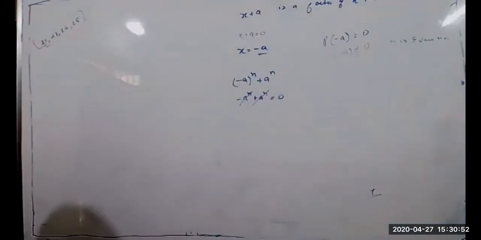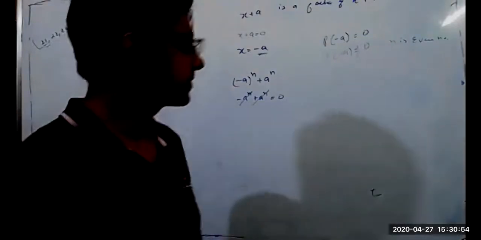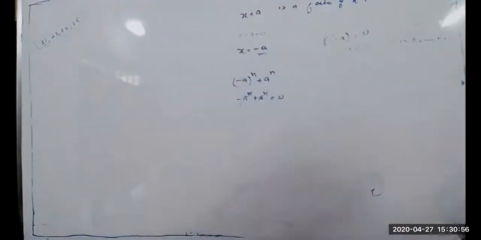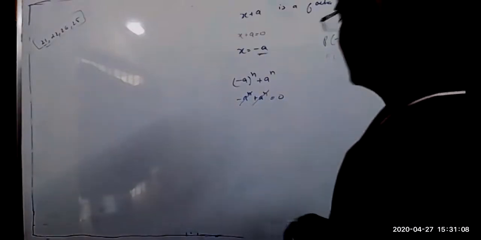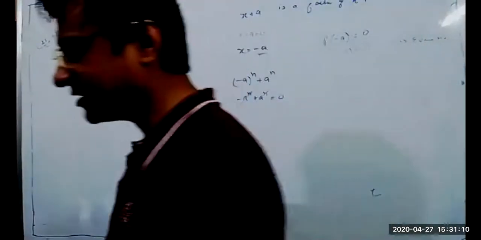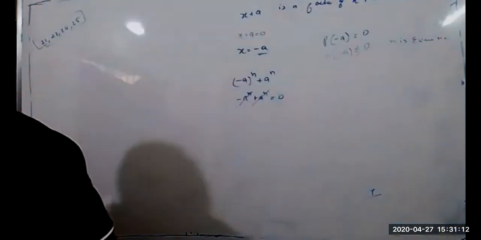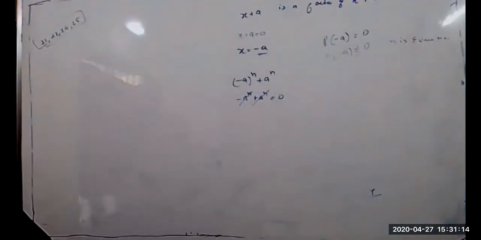Correct. So why is this not equal to 0? You are almost close, Aditya. Anybody else can give it a try. He is almost close, but he has not pinpointed it.